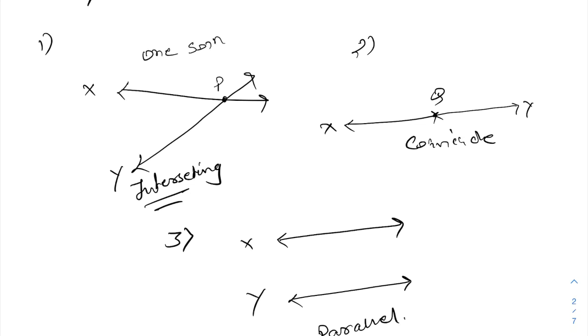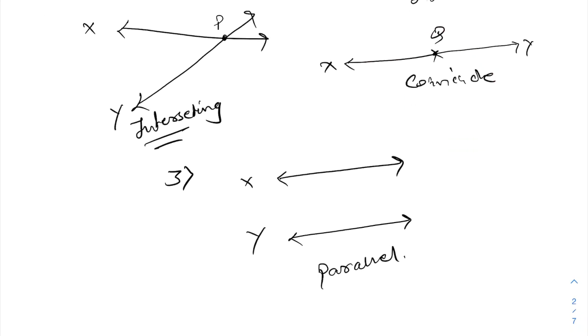When the two lines, line x and line y, coincide, we can say that we have infinitely many solutions. Then if the two lines run parallel to each other, we have no solution.